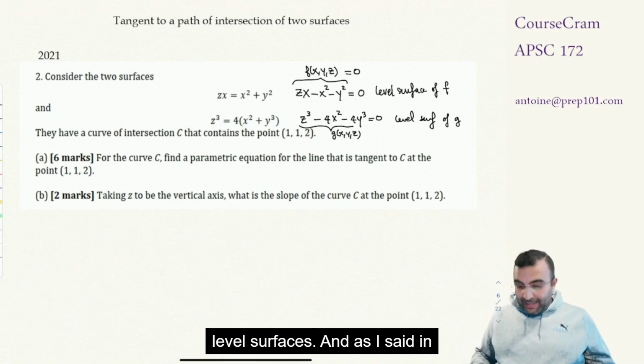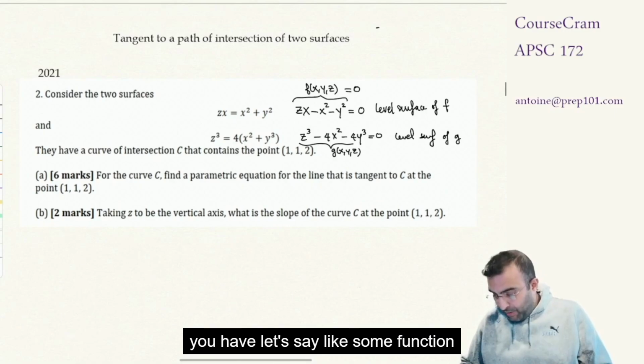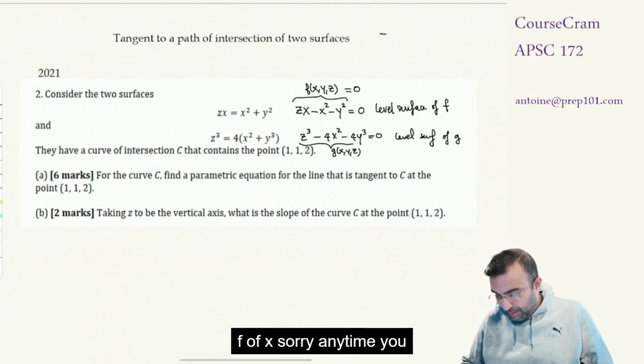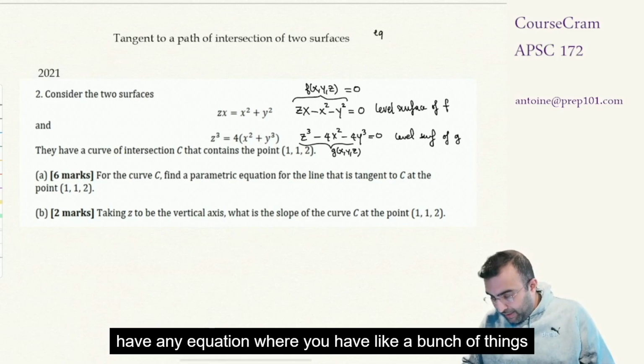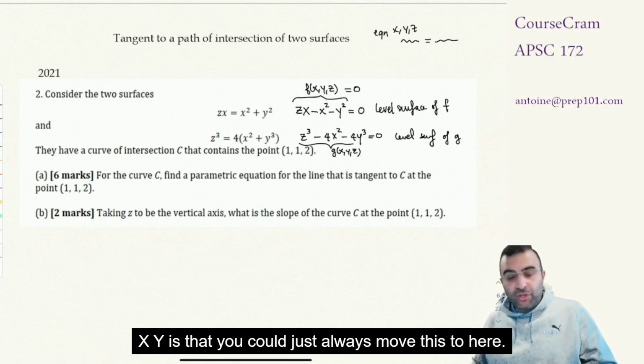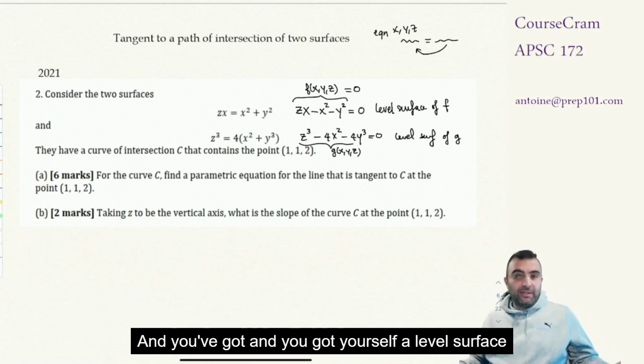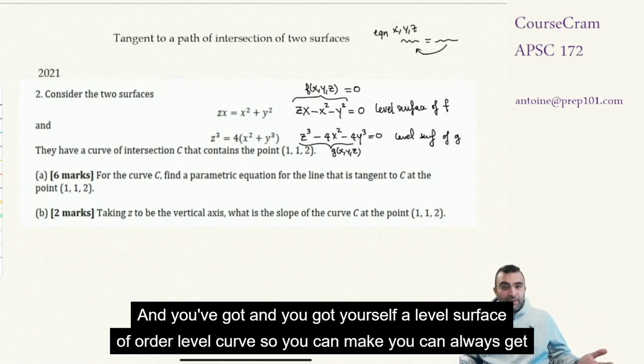And as I said in the session for the midterms, anytime you have an equation in x, y, z where you have a bunch of things equal to a bunch of things, you can always move everything to one side, and you've got yourself a level surface or a level curve.